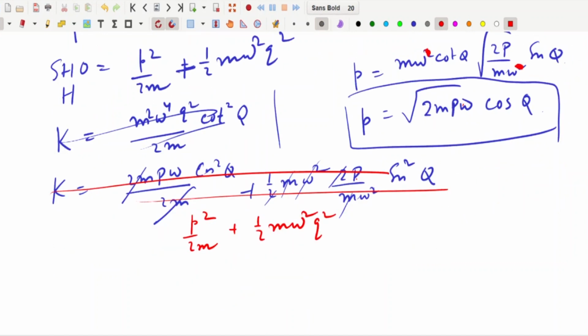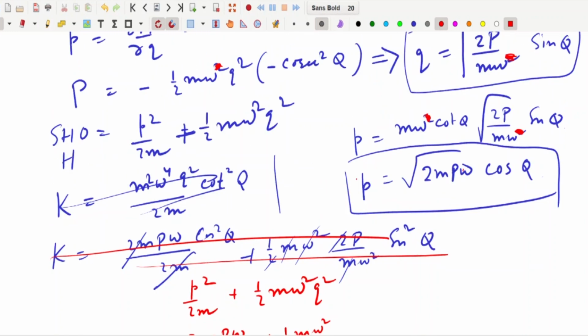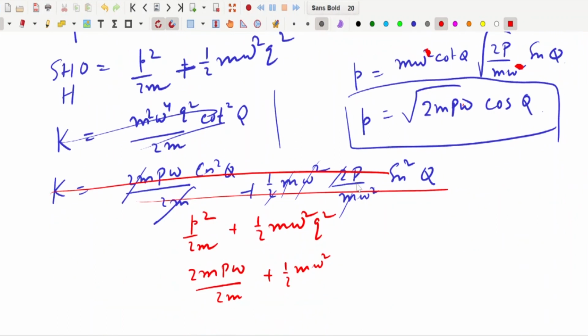So now p square will be 2 m p omega by 2m plus half m omega square q square, where q is 2 p m omega, and this is cos square Q, and this is sin square Q.